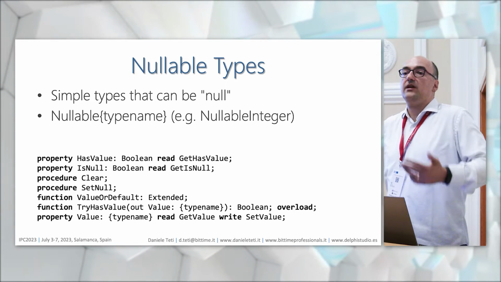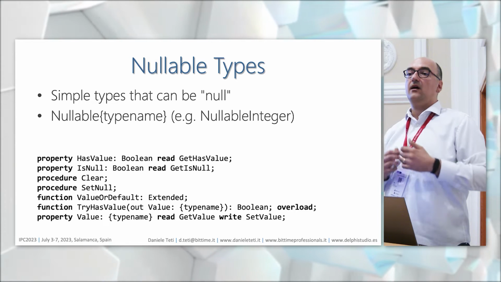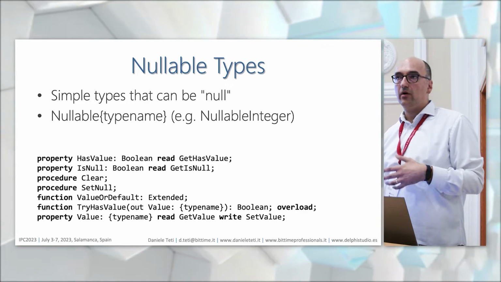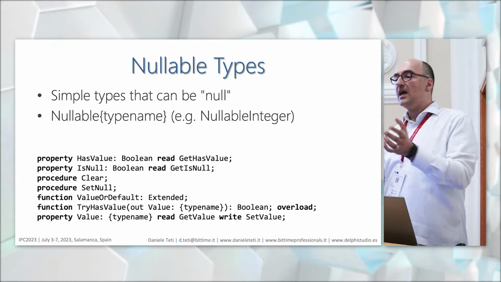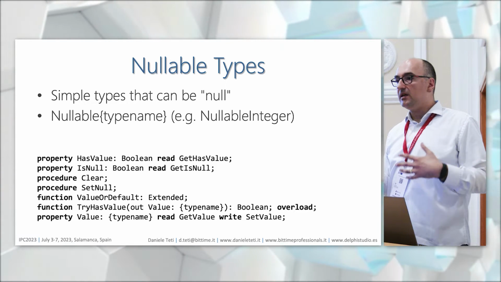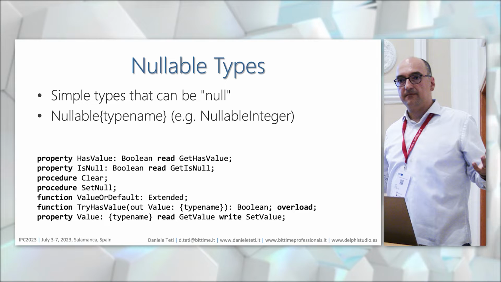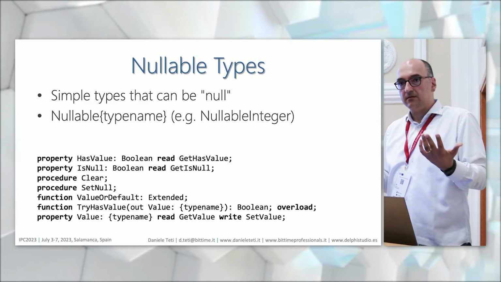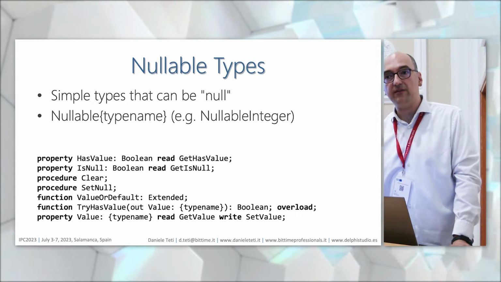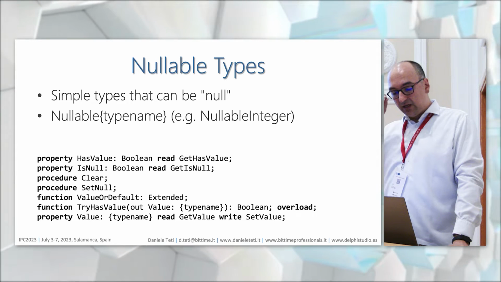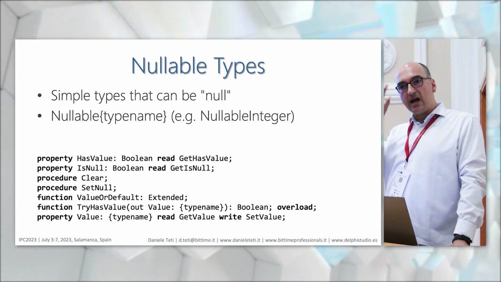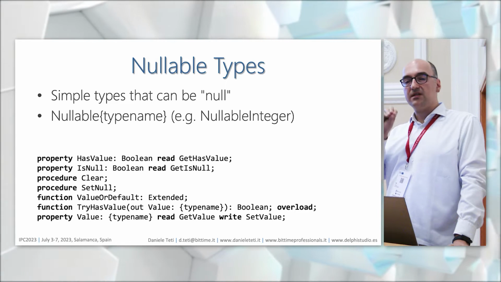As you know, if I create an object, the object can be assigned or nil, okay? An integer cannot be null, because it represents something that cannot be null. It's a simple value, it's not a pointer, okay?